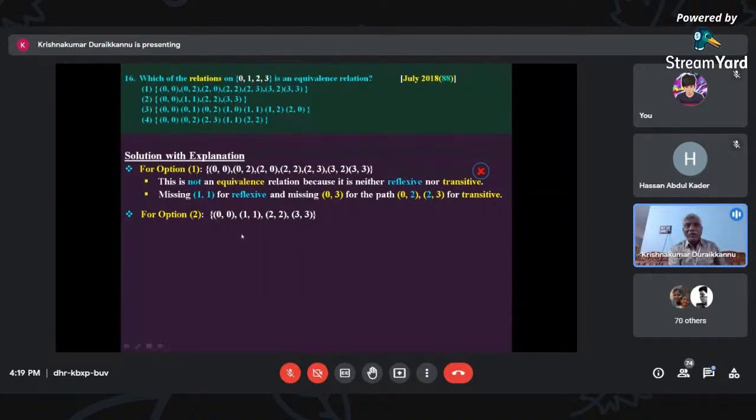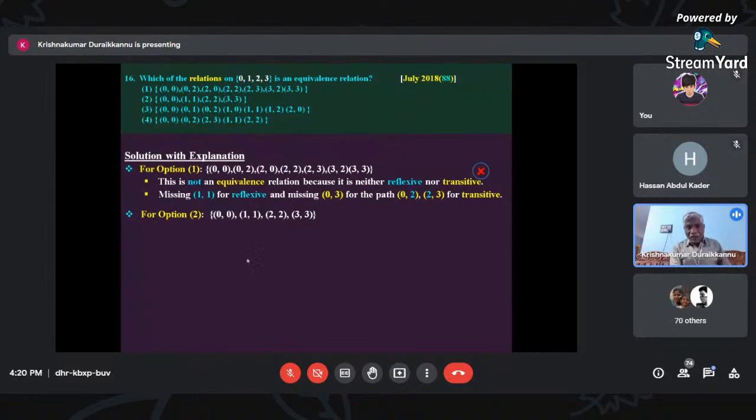Transitive: (0, 0) and (0, 0) gives (0, 0), which exists. So when we deal with this kind of problem, suppose a relation only contains identical pairs, that is (0, 0), (1, 1), (2, 2), (3, 3) alone, keep in mind this shortcut method: it satisfies reflexive, symmetric, and transitive.